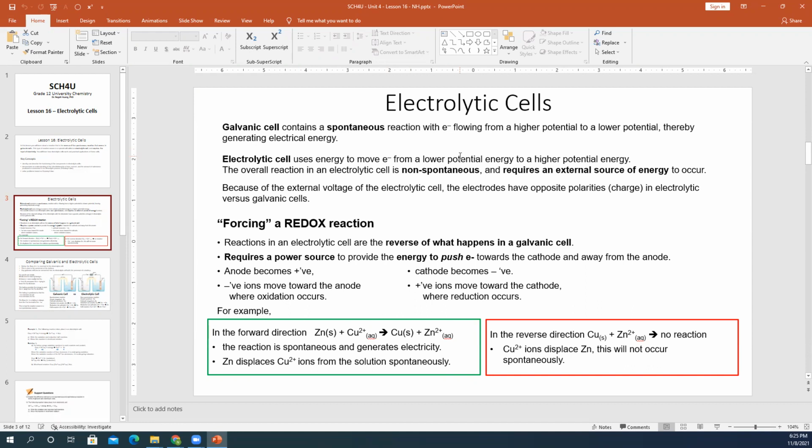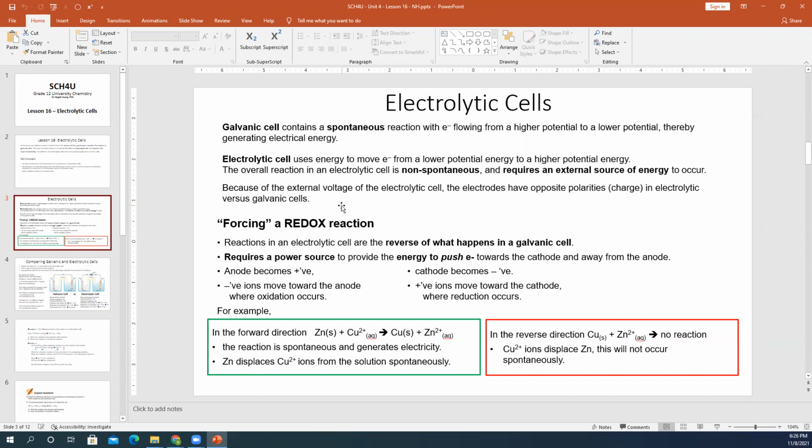That difference in electric potential is the electric energy. It's the flow of electricity, the electrons, the current that is produced. In the electrolytic cell, we use energy to move electrons from a lower potential up to a higher potential energy. And the overall reaction in the electrolytic cell is non-spontaneous, and therefore it requires an external source of energy in order to make this happen.